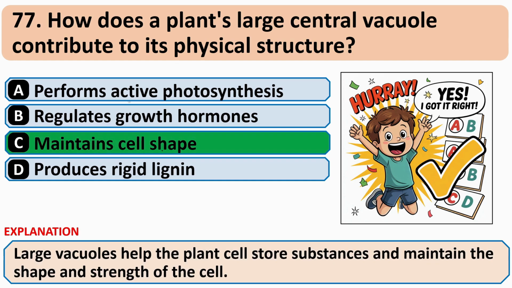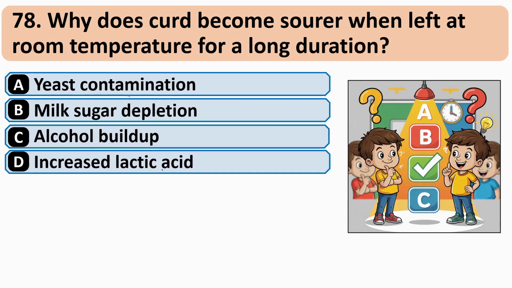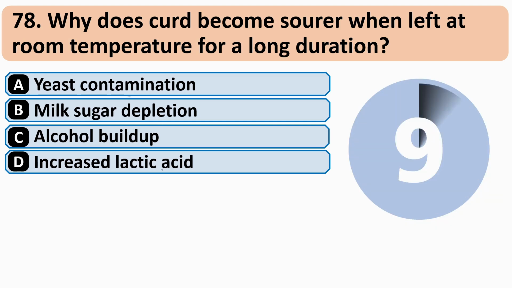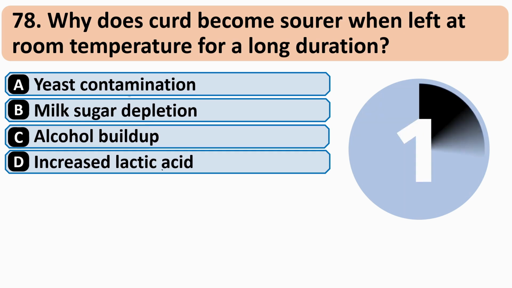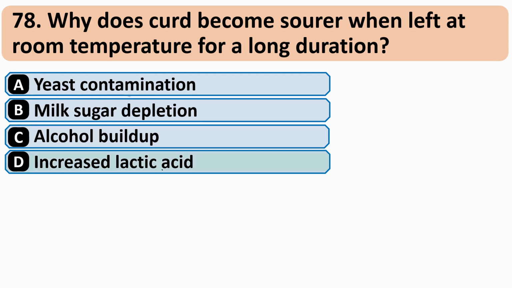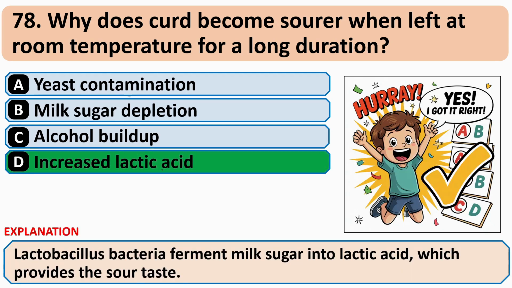And correct answer is C, maintains cell shape. Why does curd become sourer when left at room temperature for a long duration? And correct answer is D, increased lactic acid.